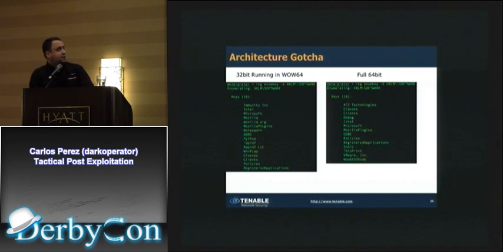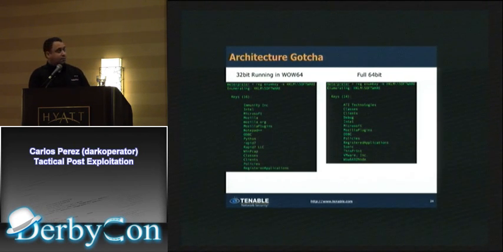Here's an example where I'm listing the software key under HKLM. You're going to see that under 32-bit WOW64, I enumerate 16 keys. Under full 64-bit, I enumerate 14, but there's a key at the end called WOW6432Node that I don't see on the other side. And the software lists do not match. I'm seeing software on one side that I don't see in the other.